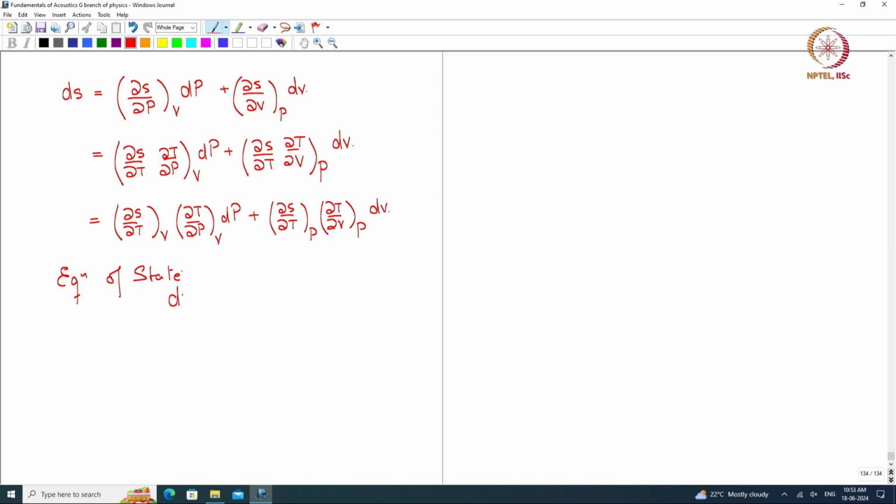So that is dP by P plus dV by V is equal to dT by T, so that this del T by del P at constant V is T by P. Okay, so we get del S by del T at constant V T by P dP, and similarly del S by del T at constant P T by V dV.